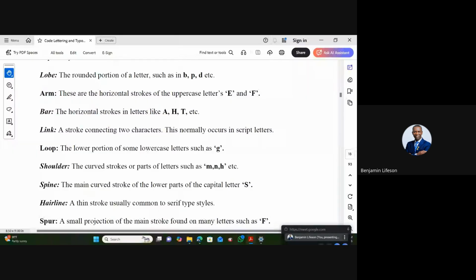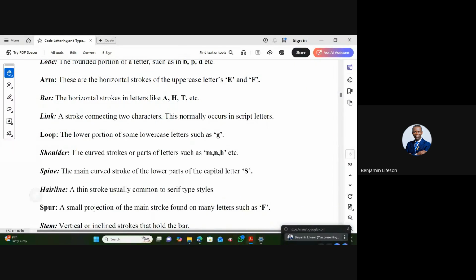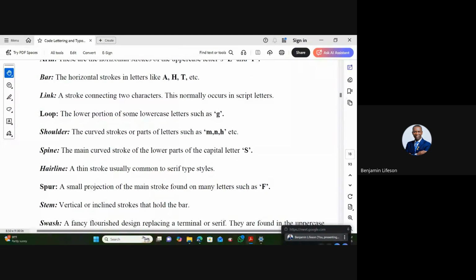When we're talking about script typeface, there is a stroke connecting two letters. In script, like a calligraphic or cursive way of writing, we saw some link connecting two letters, and that is what we call the link.